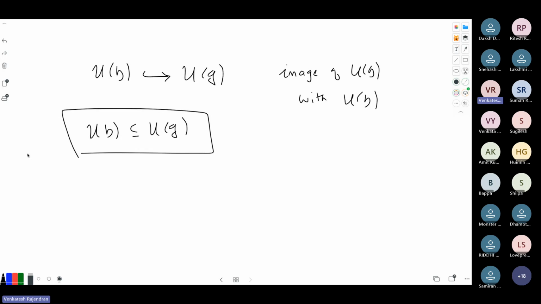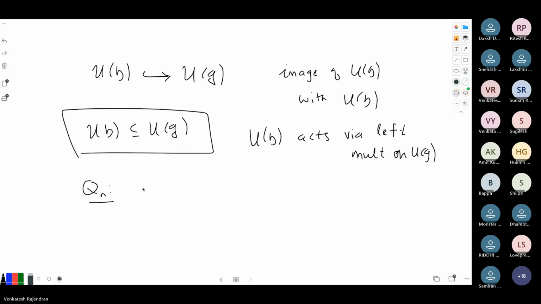There is this natural action of UH on UG via left multiplication. So UH acts via left multiplication on UG. Then the question is, what is this module? And you can say that this module is indeed a free module over this UH.